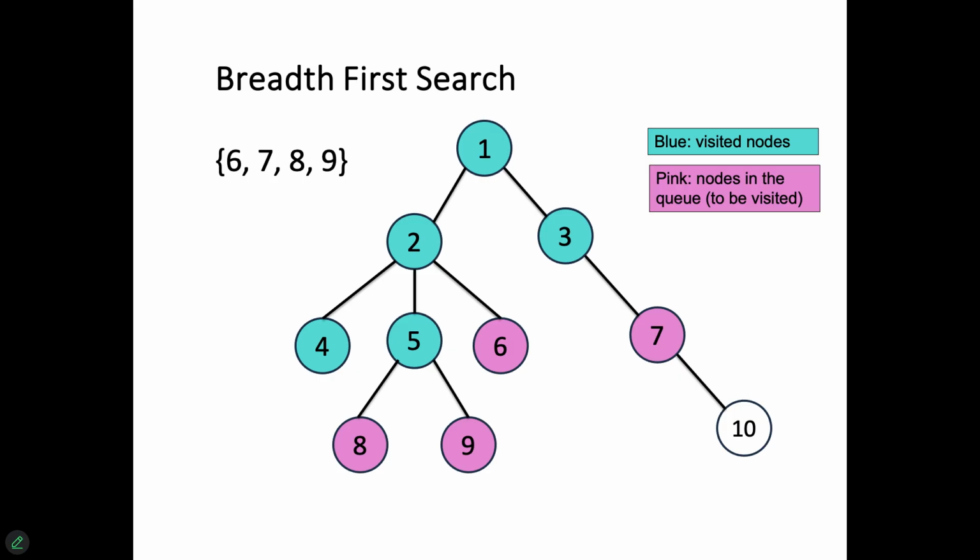No one wants to answer that? So we have 8, 9, 6, 7. So we have these 4 nodes in the frontier, right? So these are what we have in the queue. Now, which one are we going to visit next?